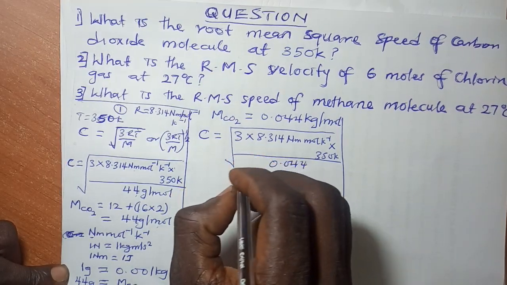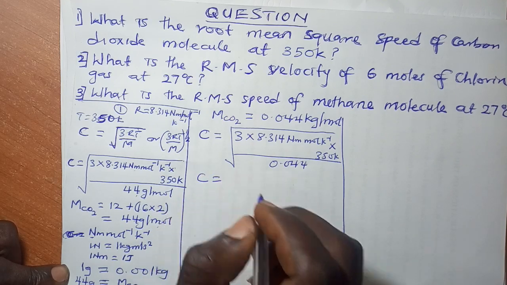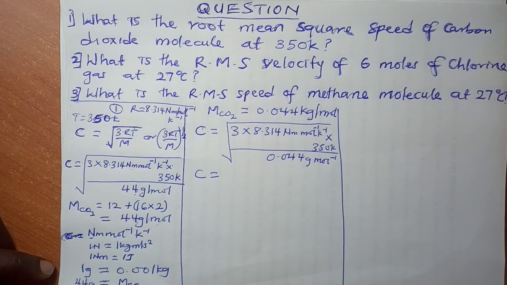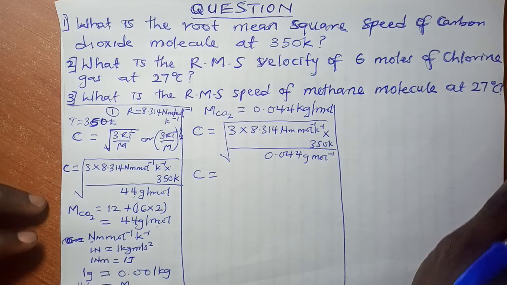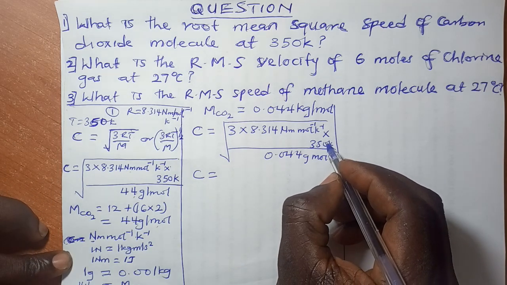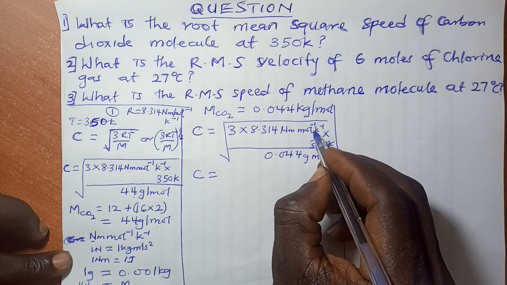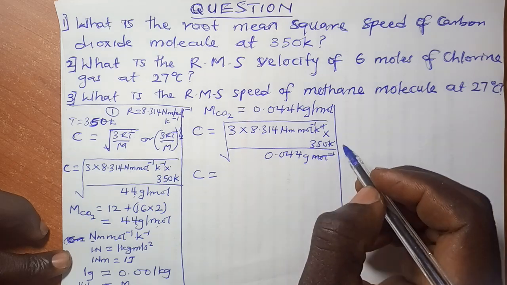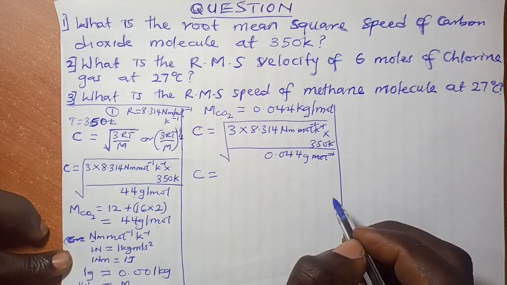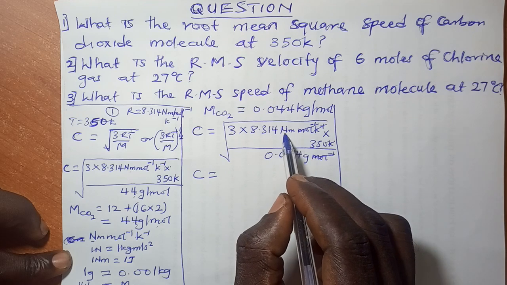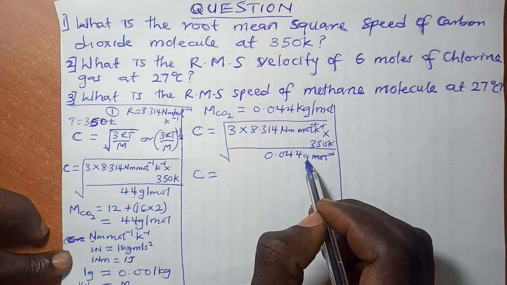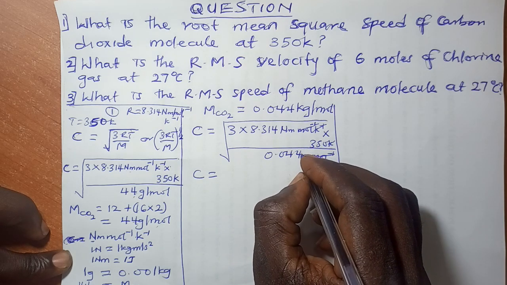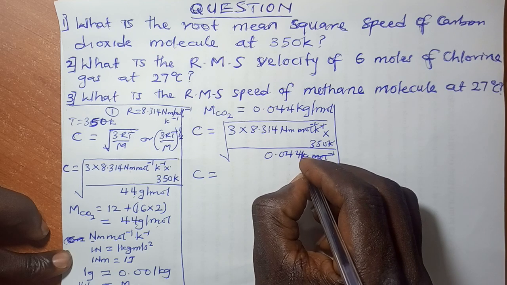I will have a long figure, but as you do that, note that this Kelvin will nullify this per Kelvin. Then this mole per mole will cancel this per mole, remaining Newton meter per kilogram. Remember, this one has now been converted to kilogram.